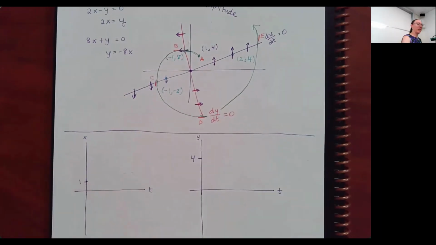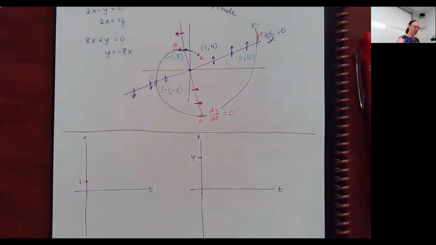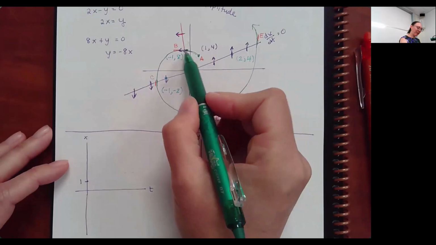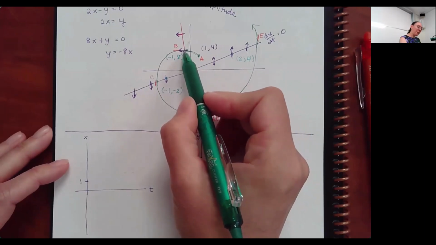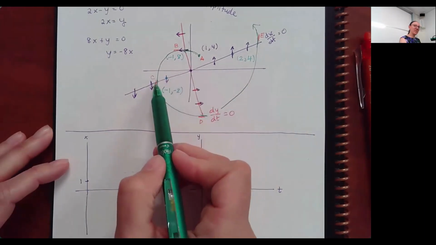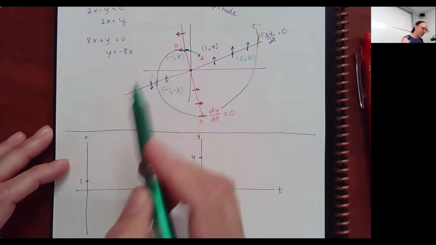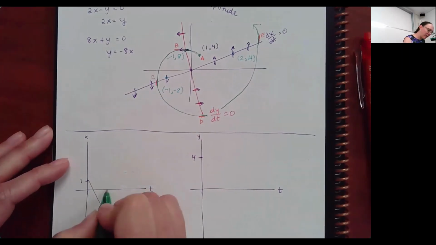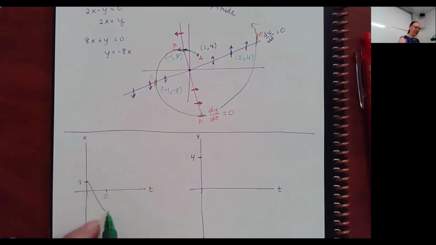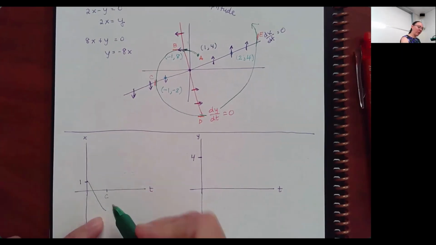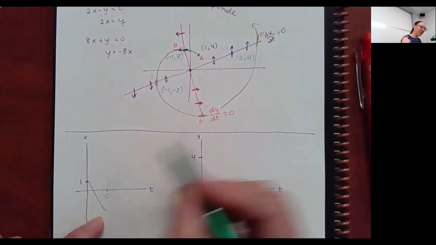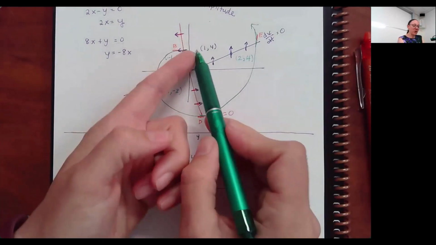So A is starting out at 1. By the time I get to B, it's a little bit negative, but the most negative it goes is C. So I'm going to get down here negative, and the most negative it goes is at that time C. And then I'm growing again, and the most positive I'm going to get is E. And that's further to the right.